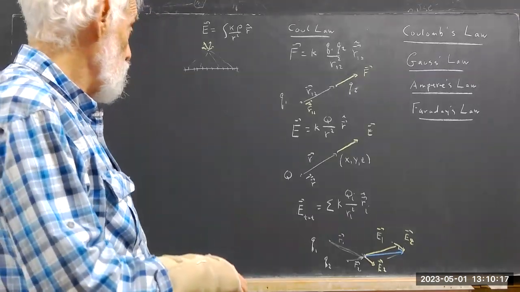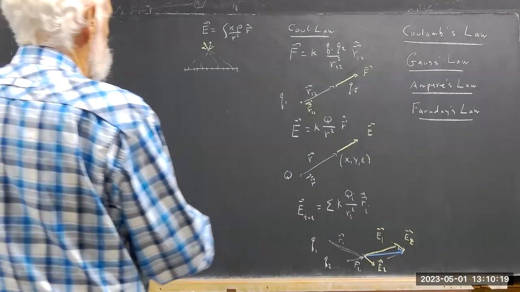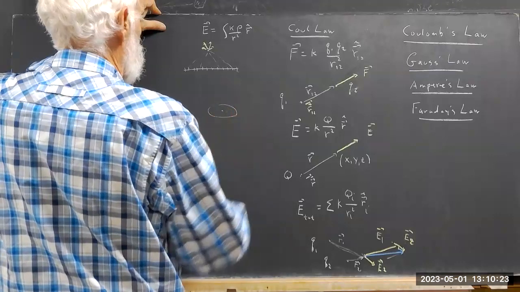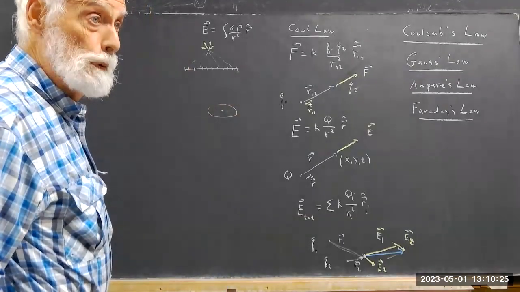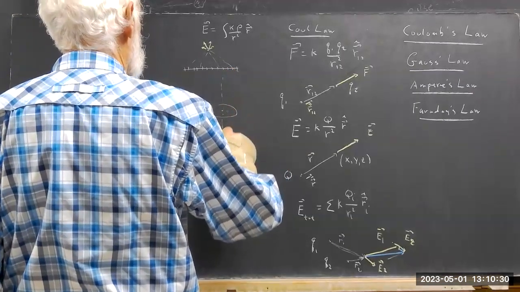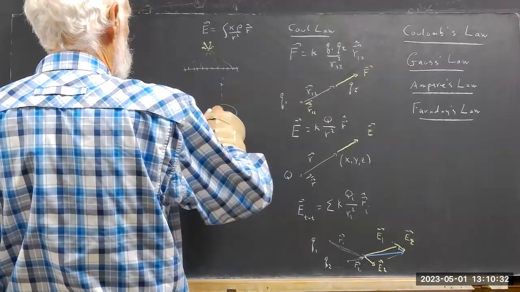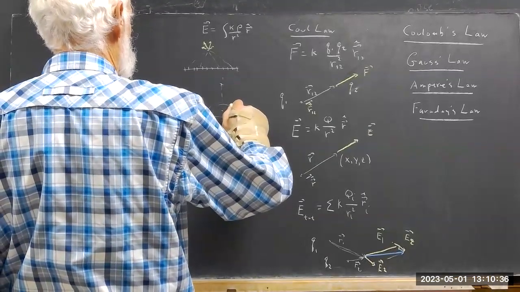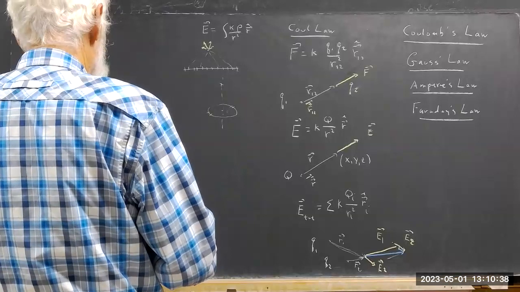Because to go a little further, you have the electric field of a loop. The center of the loop is real easy. Not going to do that, but at some point up here, you get something very similar from diametrically opposite increments.